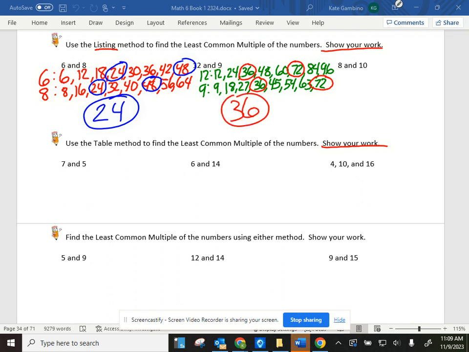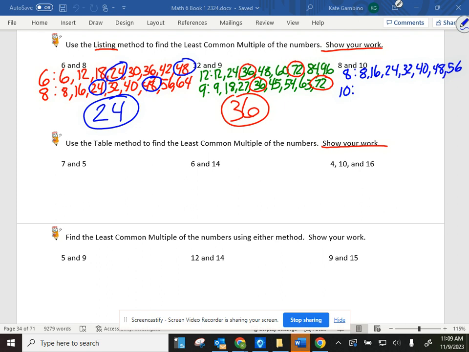Now let's do our last one. 8 and 10. Who can list off my multiples of 8? Melanie. 8, 16, 24, 32, 40, 48, 56. That's all I have room for with this. Sometimes we have to go farther. Sometimes we can stop there. What are my multiples of 10?